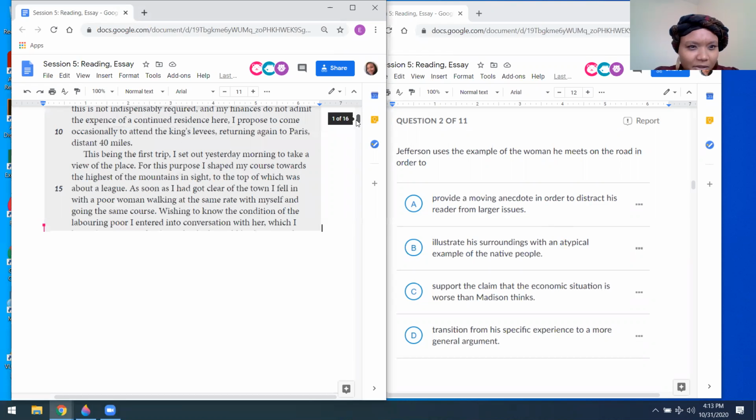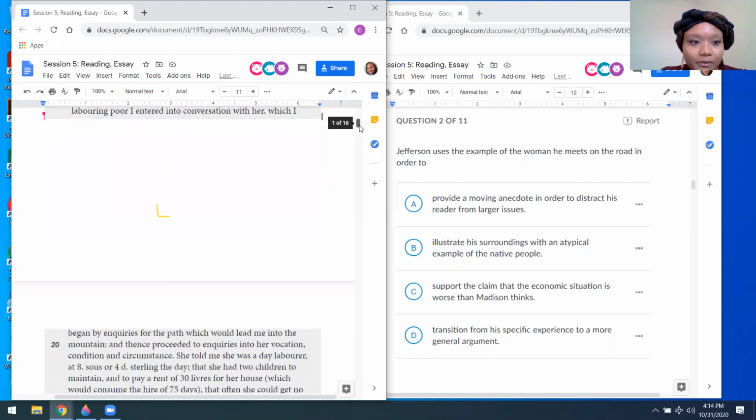Let me see if I have a specific point. So we have direct evidence that goes against answer choice B right here on line 16, 17, where it says he was wishing to know the general condition of the laboring poor. So if he's wishing to know the general condition of the laboring poor, general means the typical condition. So what's the average condition? Then we can go down.